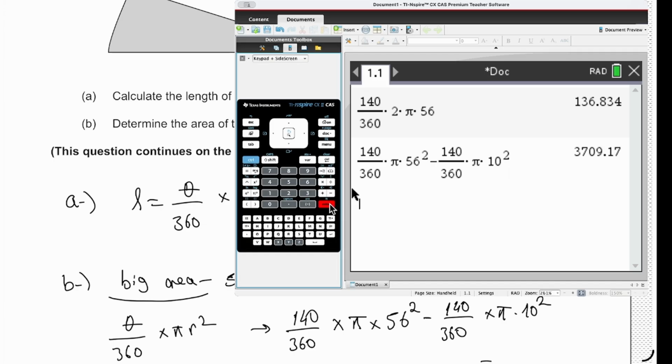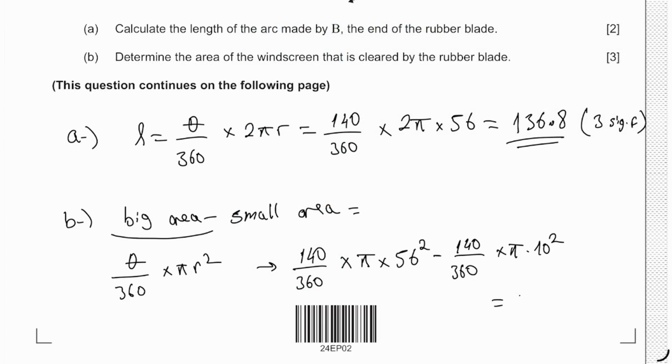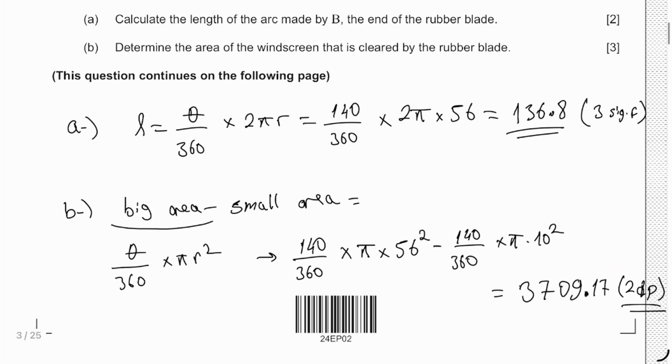So 3709, right? This is the case, 3709. Let's go to basic area. 0.17 in 2 decimal places. You can write the full answer, it doesn't matter. You will not lose points from it. That's the first question.